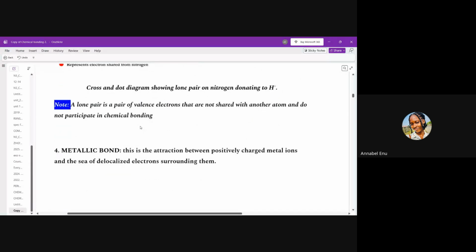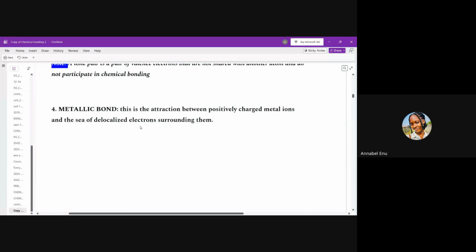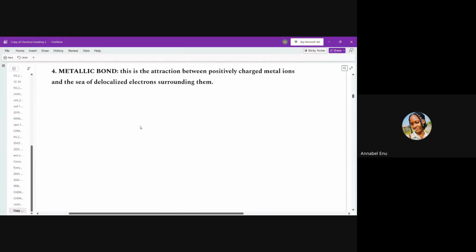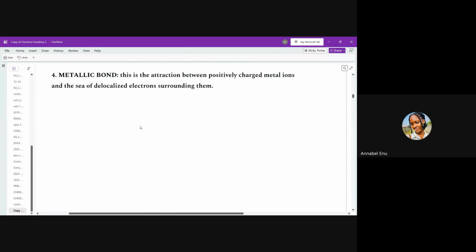Then the next type of bond is metallic bonding. Metallic bonding always happens with metals, metals like sodium, magnesium, potassium, calcium. When they bond with each other, for example magnesium bonding with another magnesium, it gives us this.